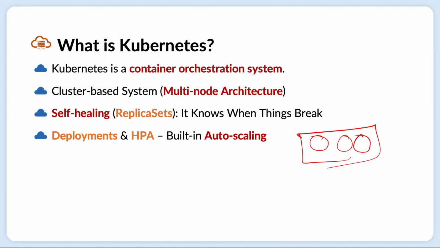So Kubernetes has a feature called Deployment, and along with that HPA, Horizontal Pod Autoscaler. Again, what is a pod? All those concepts we will understand later, but what I'm trying to tell you is that using the Deployment and HPA features, auto scaling is built in for our Kubernetes-based containers.